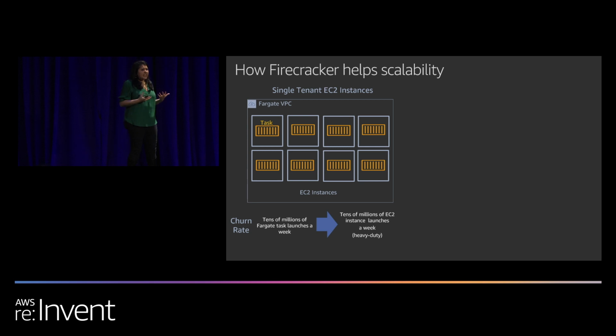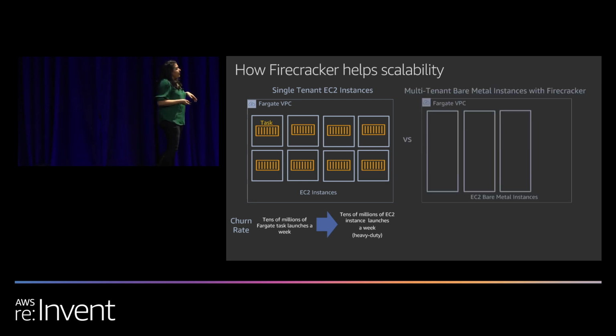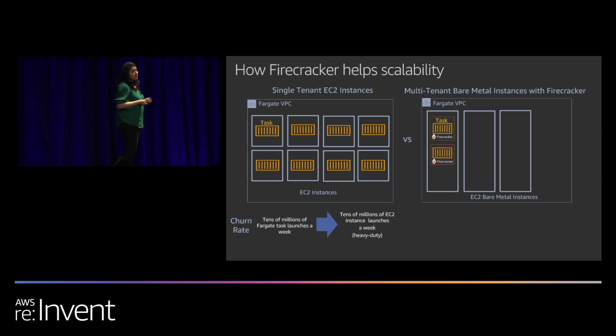And VMs are really heavy, and they're not designed to handle this kind of churn. So it really puts a lot of pressure over there. With Firecracker, what we do is we run EC2 bare metal instances, and we run your task inside of a Firecracker micro VM. And like we said before, we can actually put multiple micro VMs and multiple tasks on a single bare metal instance.